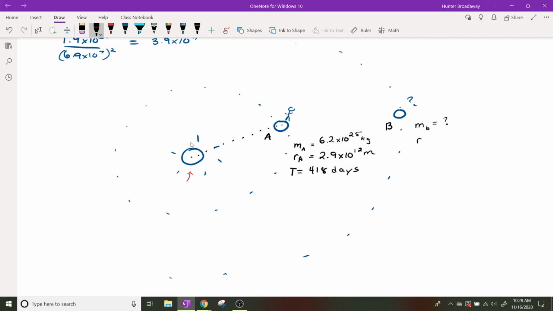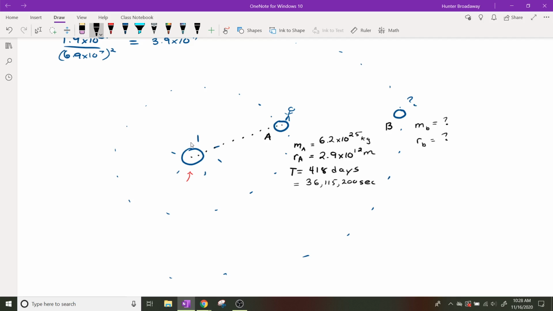The radius of B, we don't really know that much about it because we don't actually live there. Okay, 36,115,200 seconds is 418 days.